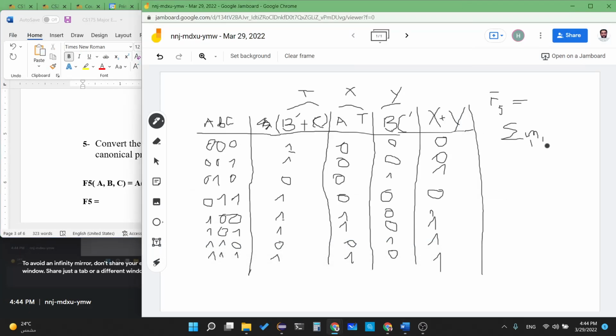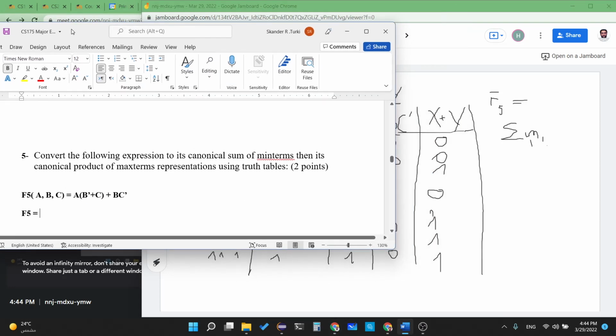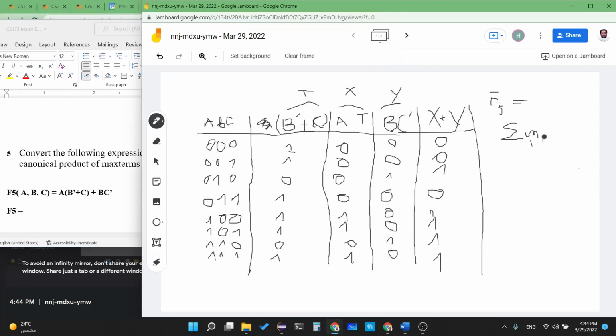Okay, I will write it here because I will have to look for the sigma and insert. So sigma m of minterms 0, 1, 2, 3, 4, 5, 6, and 7.